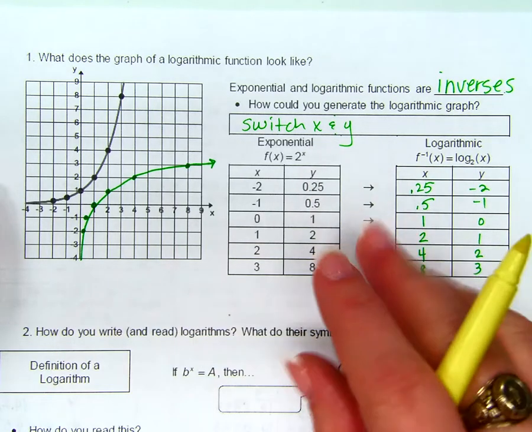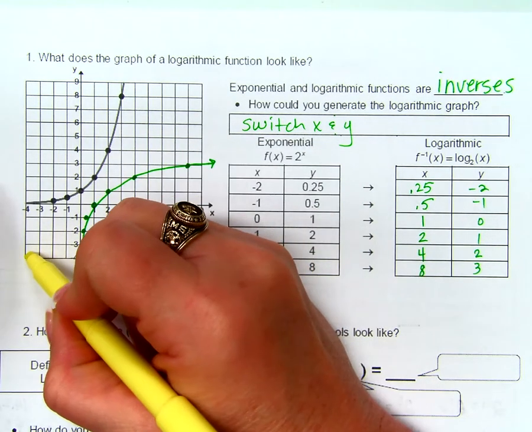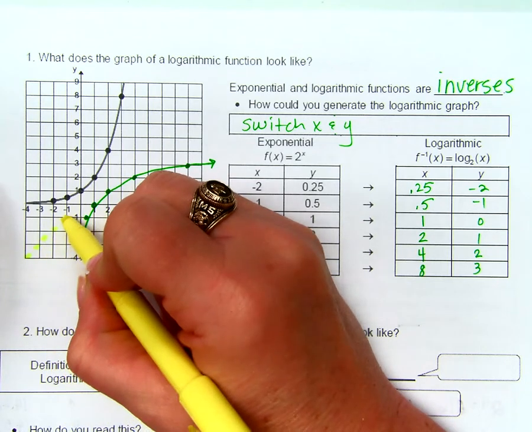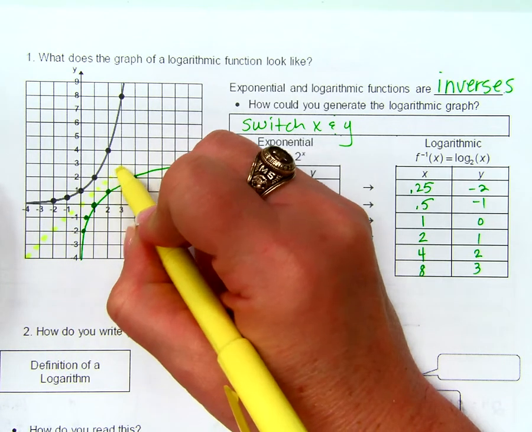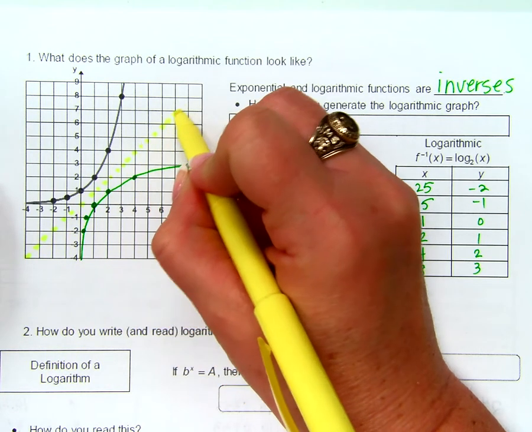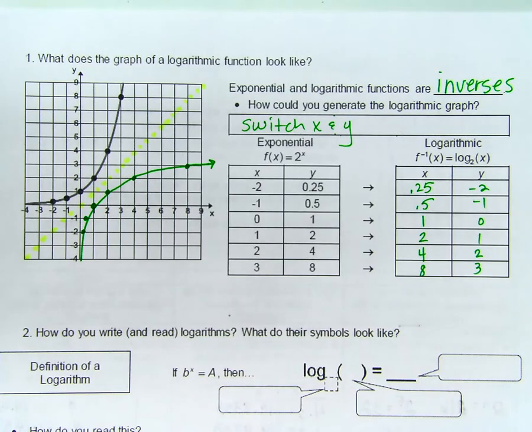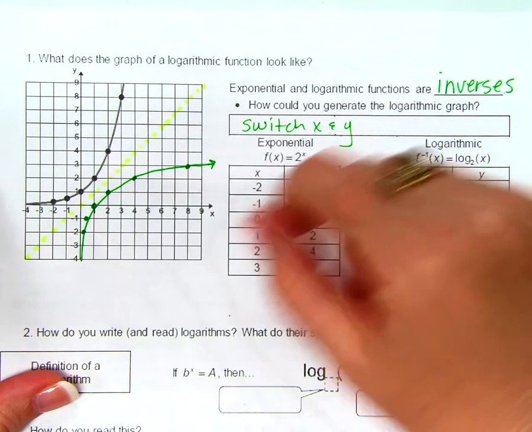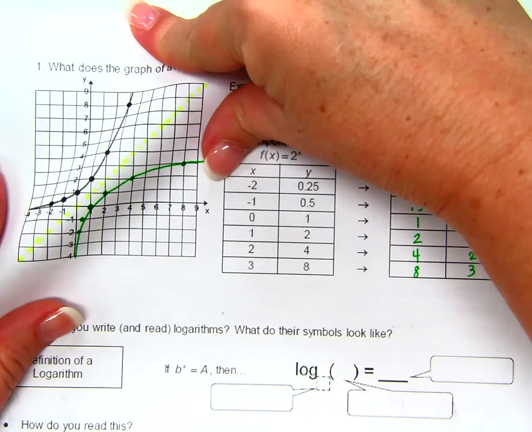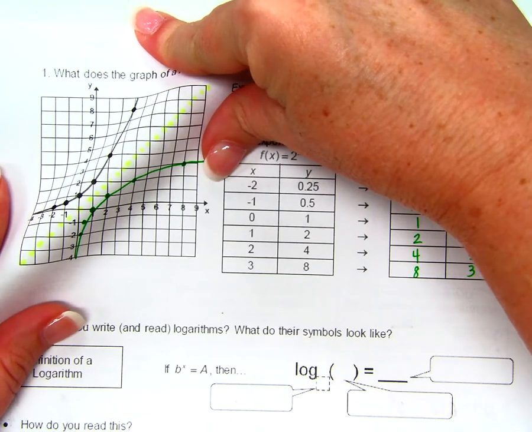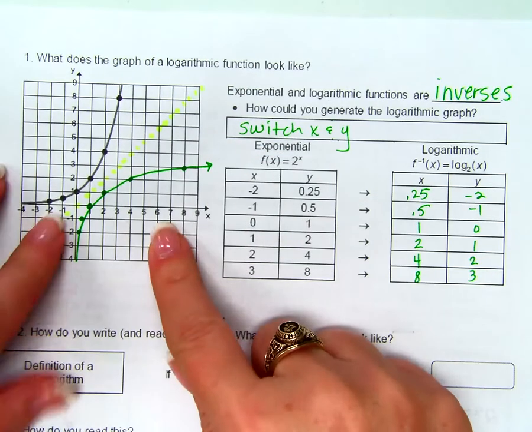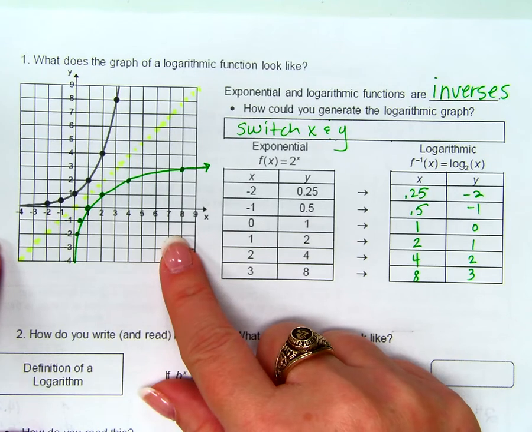Gave the other one the value? So wouldn't it reflect across this line y equals x? And if I folded this paper right along the line y equals x, wouldn't these two functions be right on top of each other? It would, right? So that's another way to show that they're inverse functions.